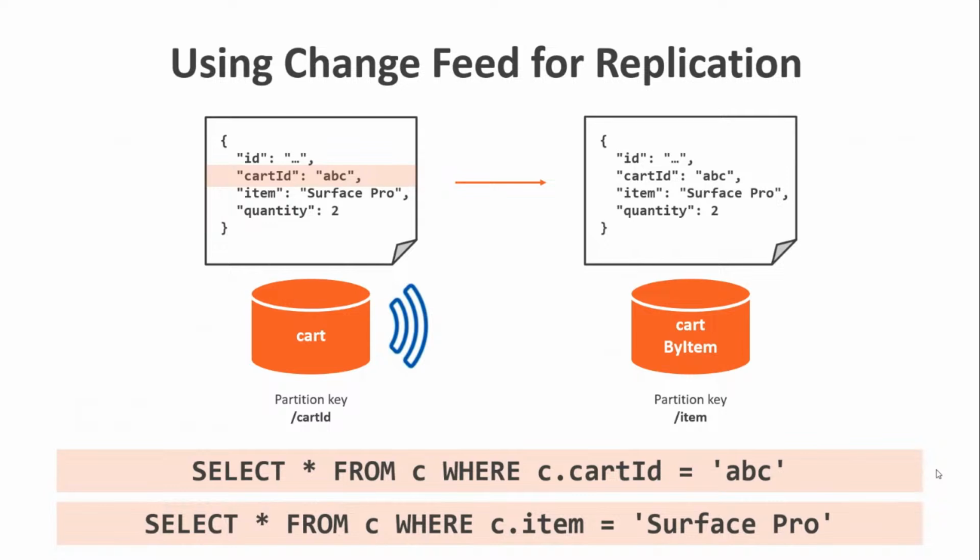So as items are inserted and updated, we'll have a copy. However, the copy will be partitioned on the item property, and our application will route queries where the cart ID is known to the cart container and where the item property is known to the cart by item container, and solve that problem.